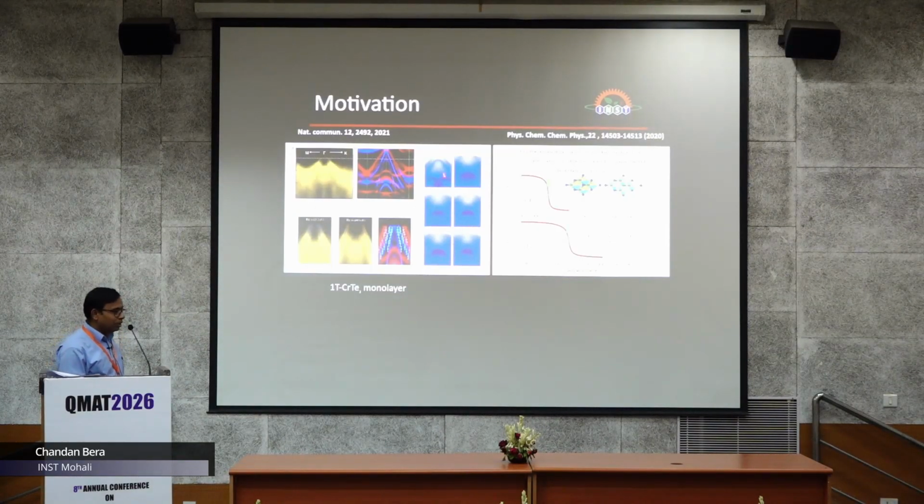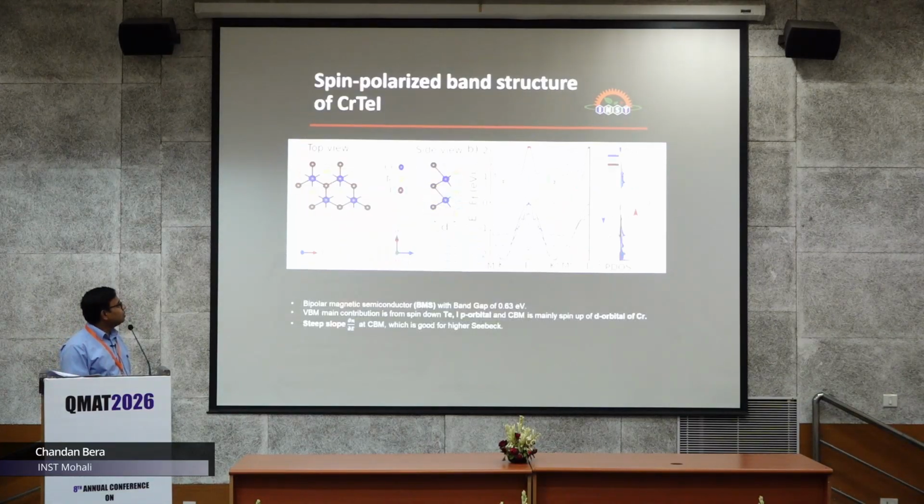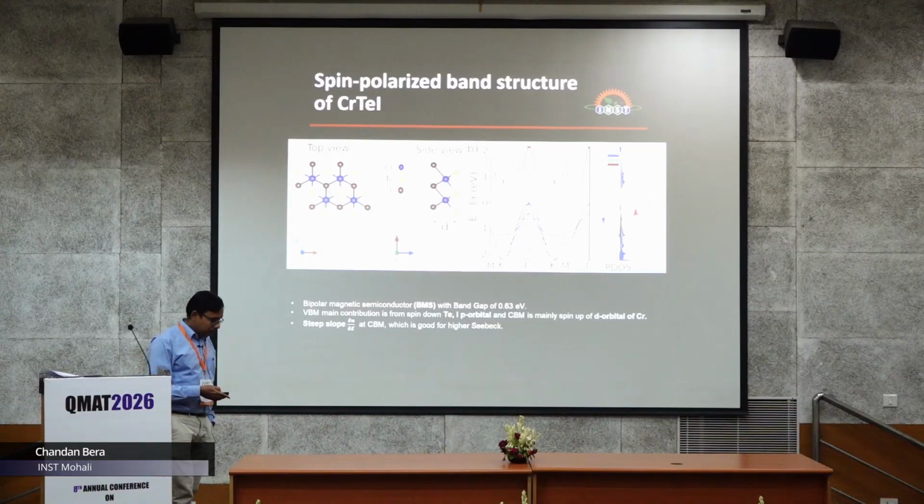The main motivation for this calculation is these two papers. In this paper the experimental group first showed these CrTeI monolayers, and before that a theoretical paper also came, showing that this kind of material has very high Tc. So we started calculating the transport properties in this material.